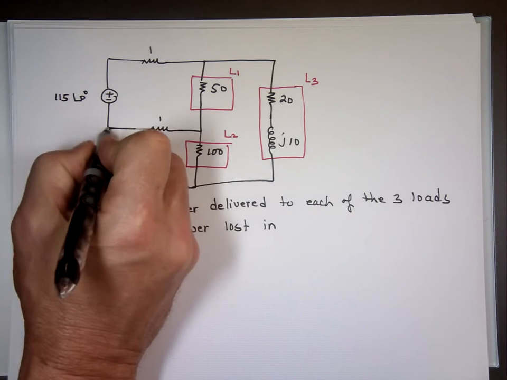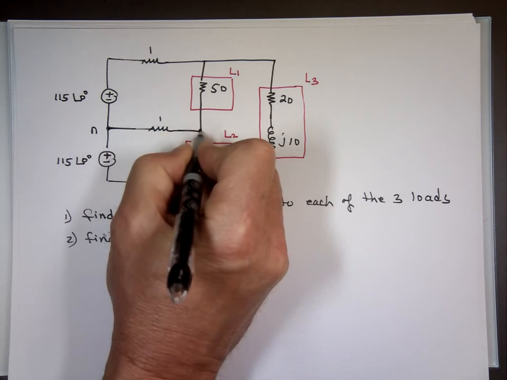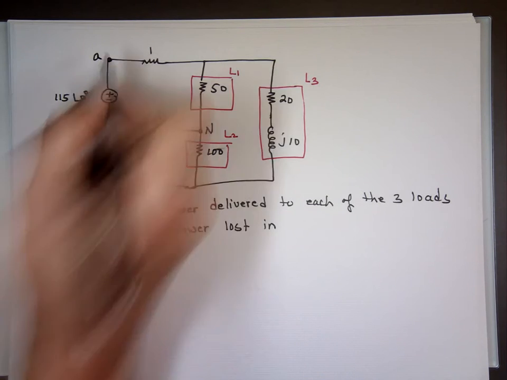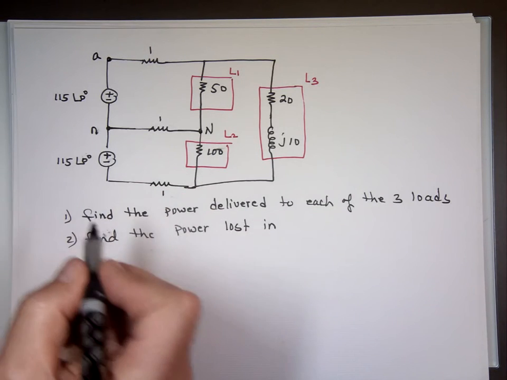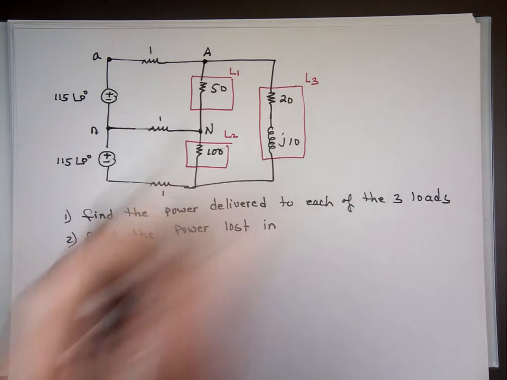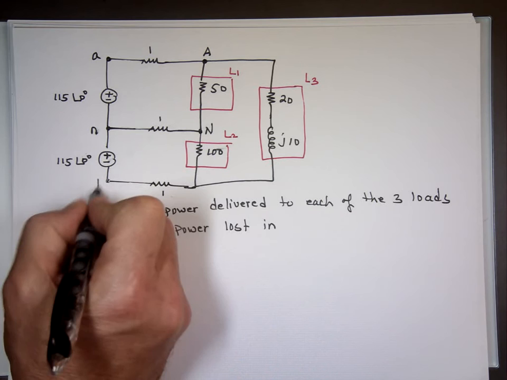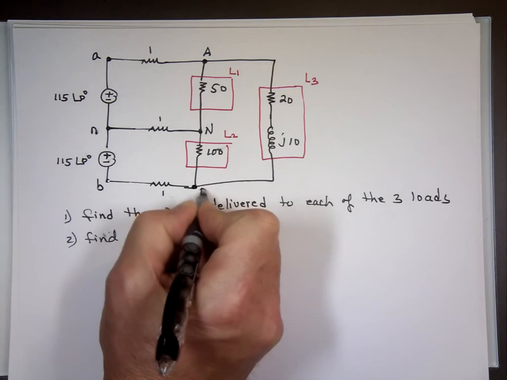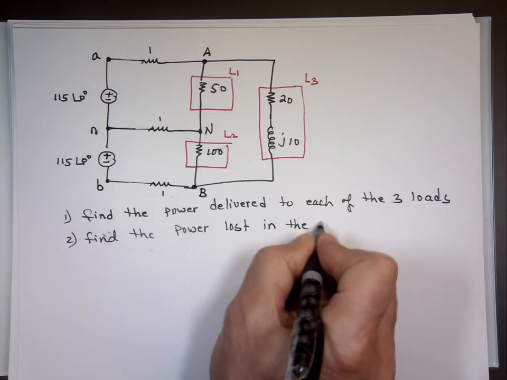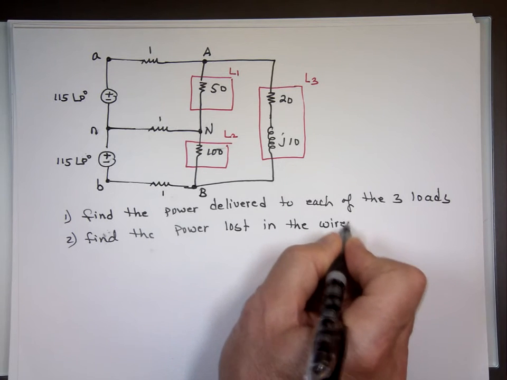This is, by the way, the neutral. That's capital N. We always notice I use lowercase for the source, uppercase for the load. That's common. And this is B here, and this is capital B. The power lost in the wires, we're talking about the three resistors, the three 1 ohm resistors.